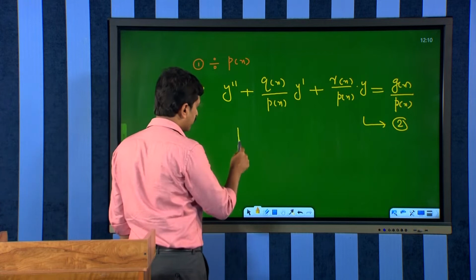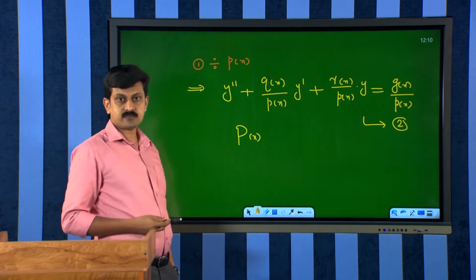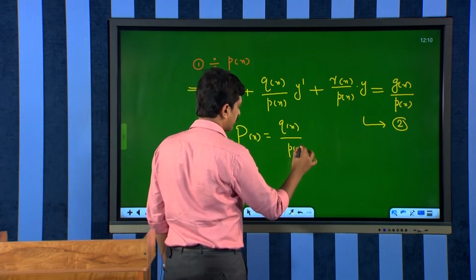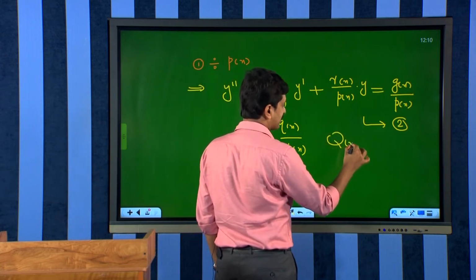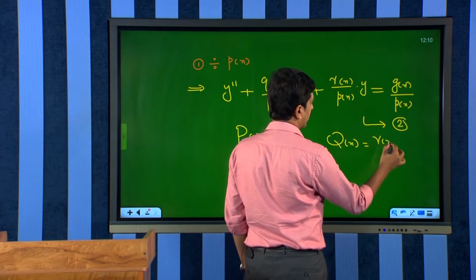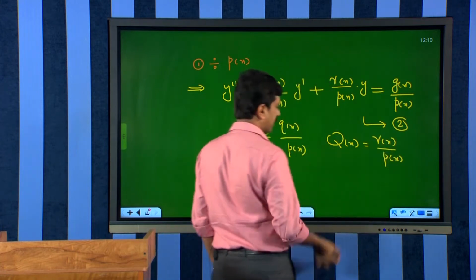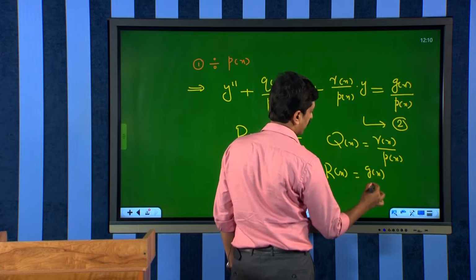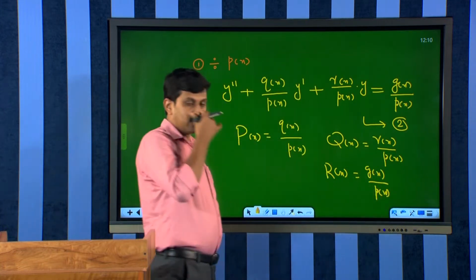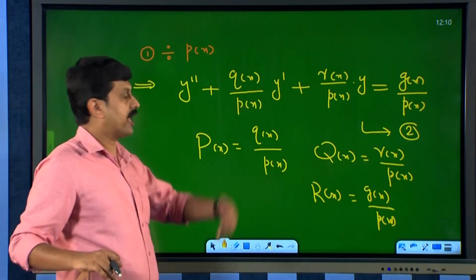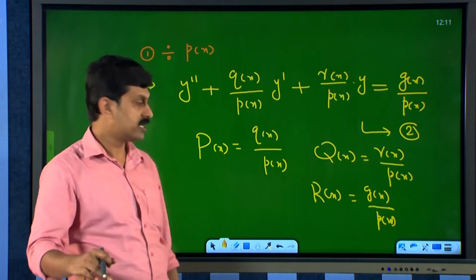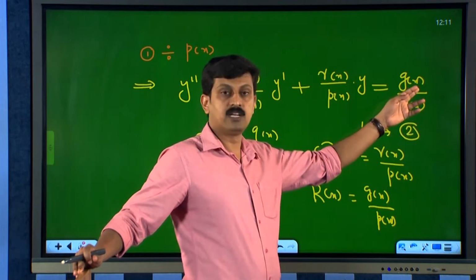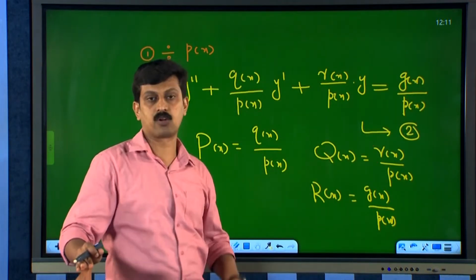Suppose I rename q of x divided by p of x as capital P of x, r of x divided by p of x as capital Q of x, and g of x divided by p of x as capital R of x.